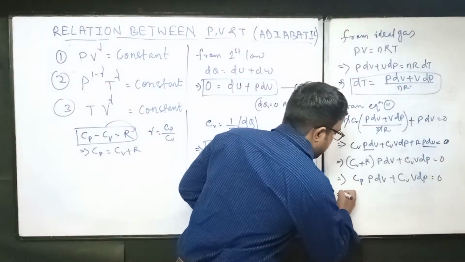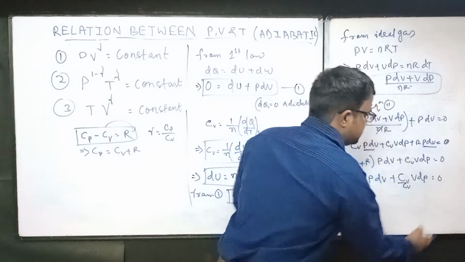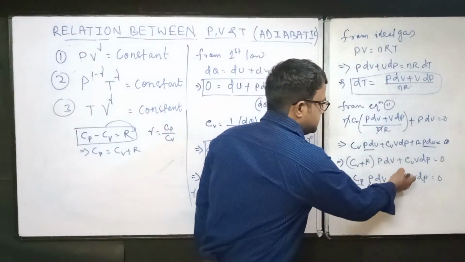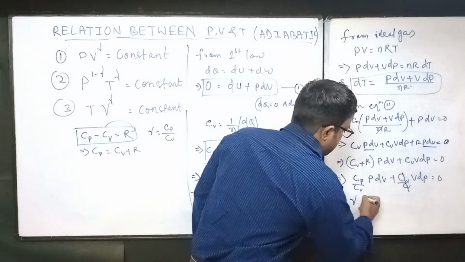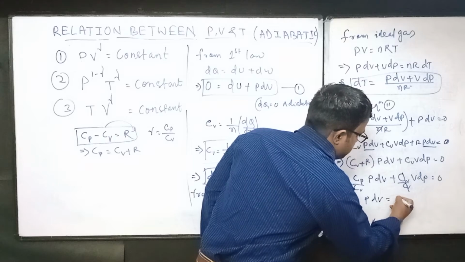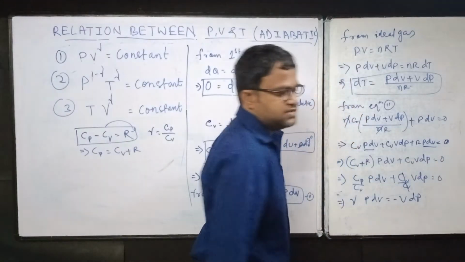I'll divide by Cv on both sides. 0 by Cv is 0, Cv cancelled out, Cp by Cv is gamma, and gamma PdV equal to minus VdP. VdP I have taken to the right side.